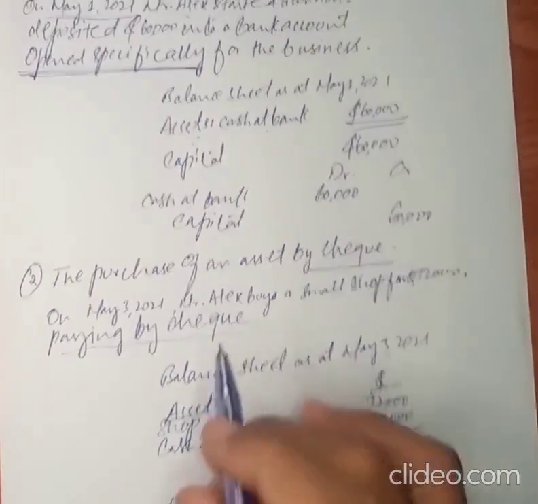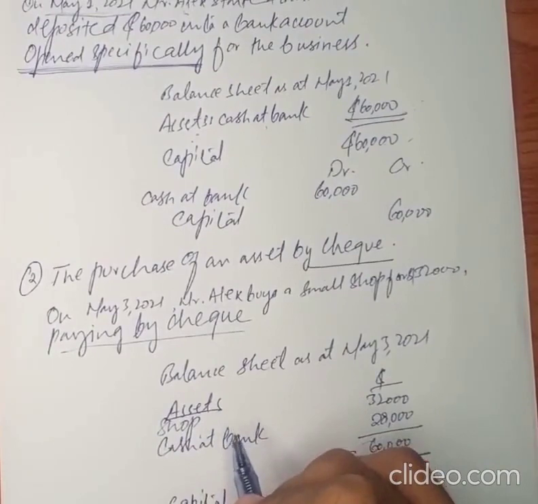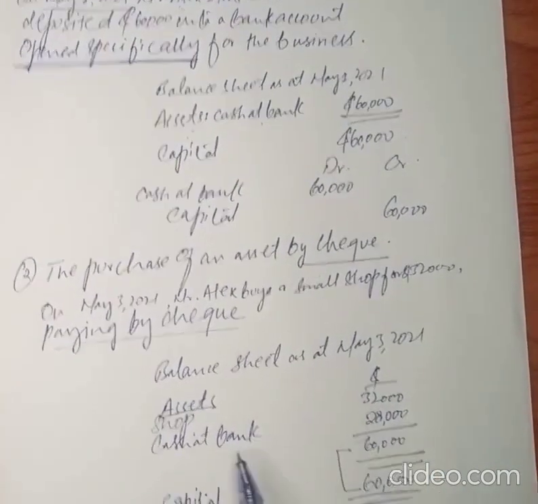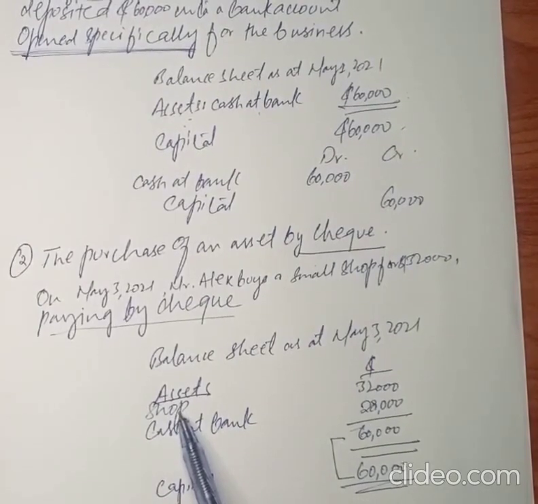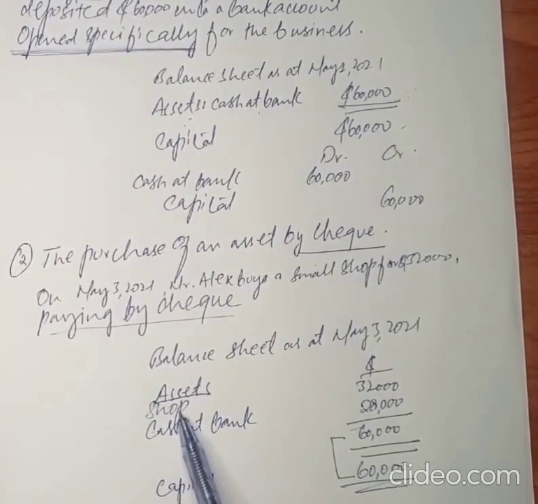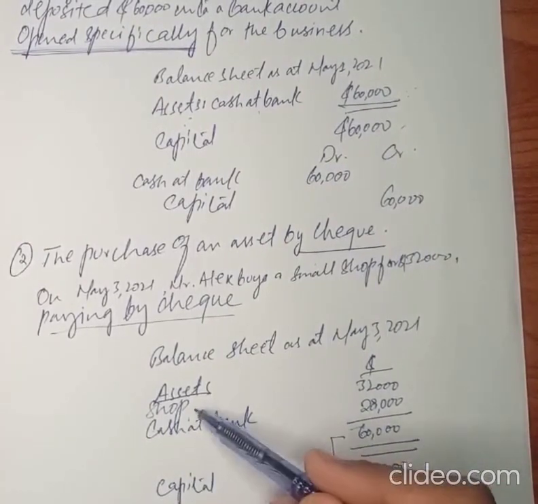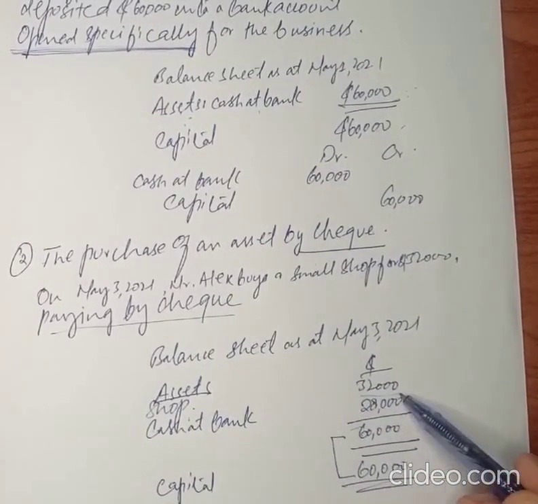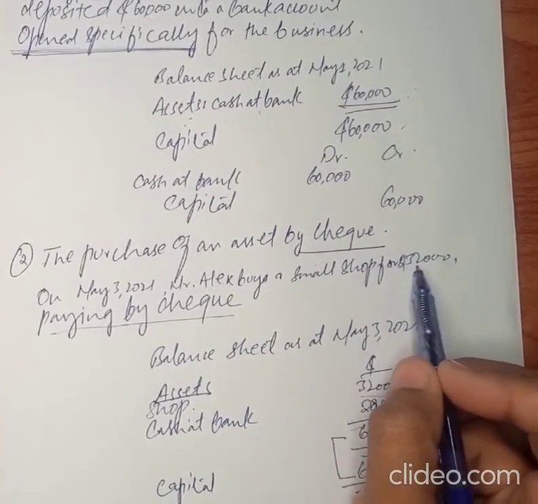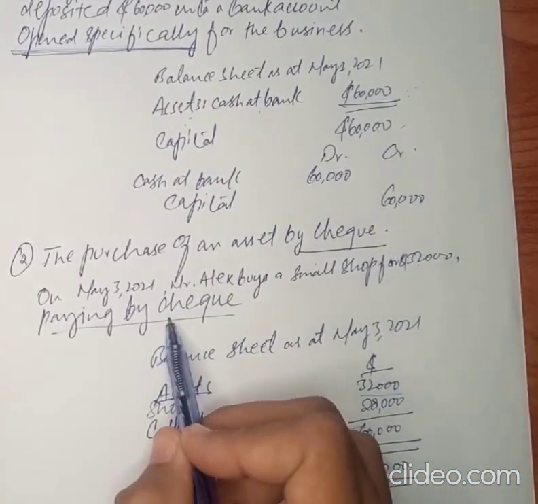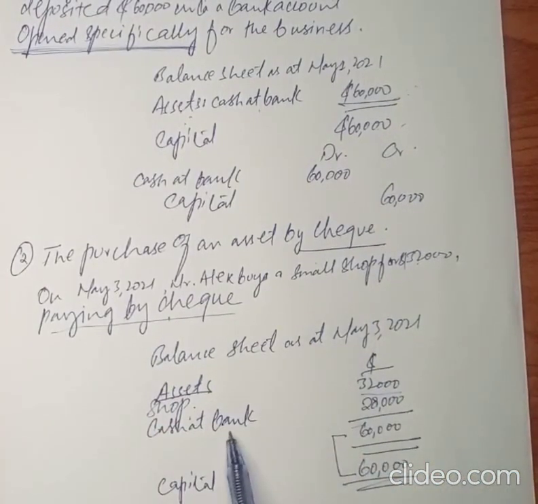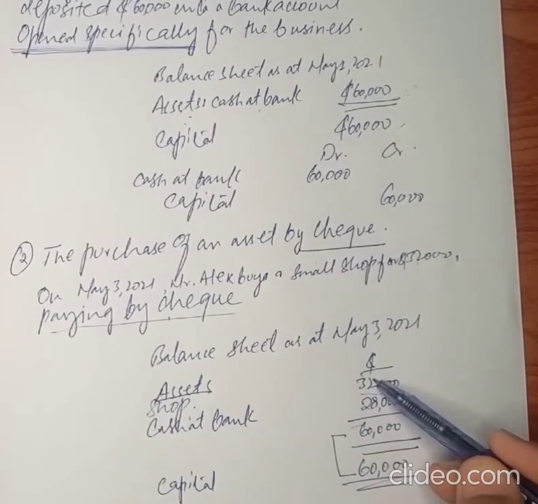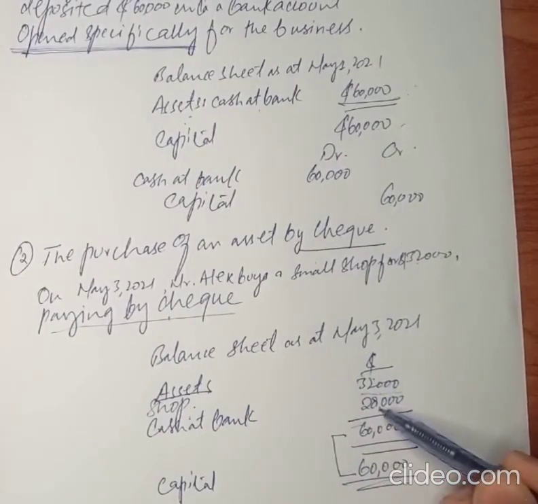In this case, the effect of this transaction in the balance sheet is that assets will increase, that is the shop he purchased. We have to enter this in the assets, shop, $32,000, and he paid it by check. So the cash at bank will decrease by $32,000 and the remaining cash at bank is $28,000.